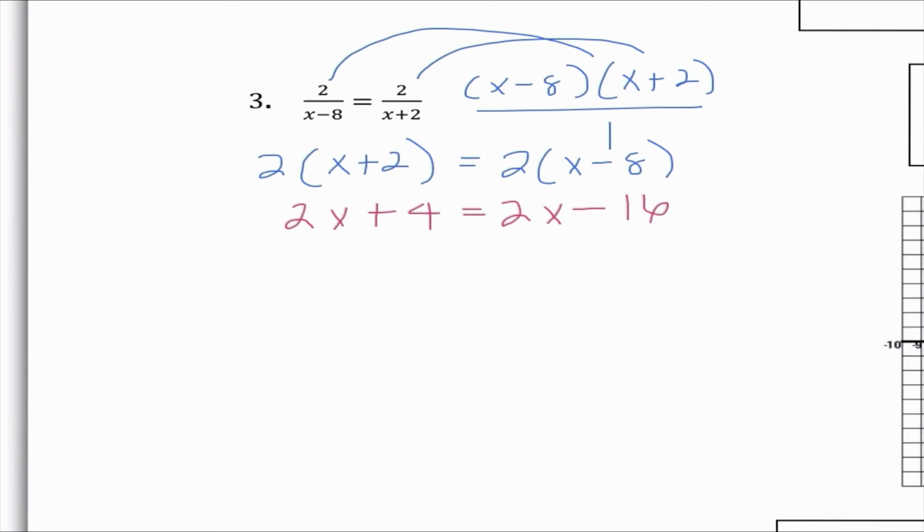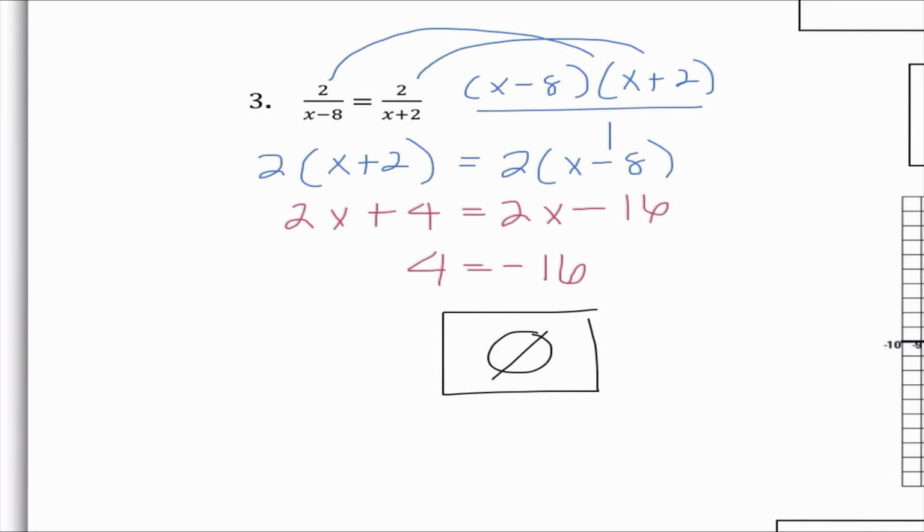When I distribute, I get 2x plus 4 equals 2x minus 16, and something really strange happens here. When I subtract 2x from both sides, I get 4 equals negative 16. This is not a true statement, so our solution is going to be no solution. And we're going to see what that looks like when we graph it and why it looks like no solution.